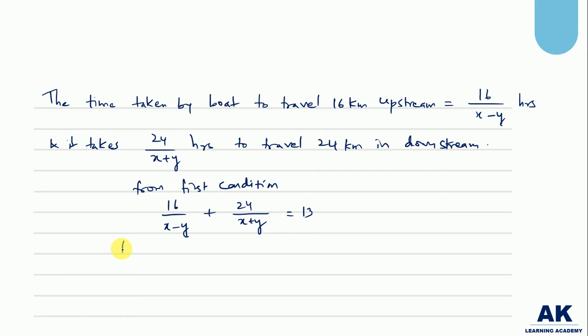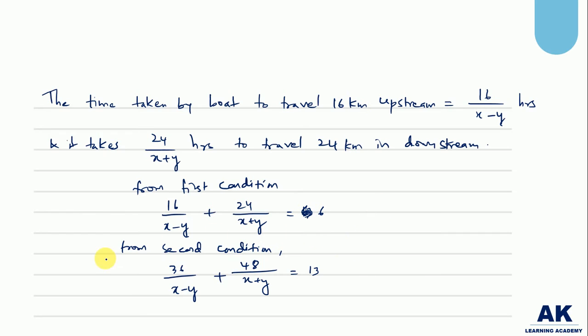And from the second condition, I can say that 36 upon x minus y plus 48 by x plus y is equal to 13.